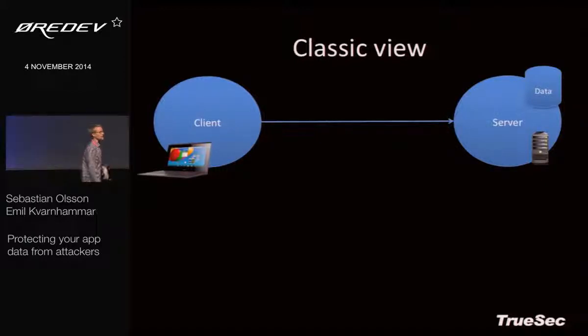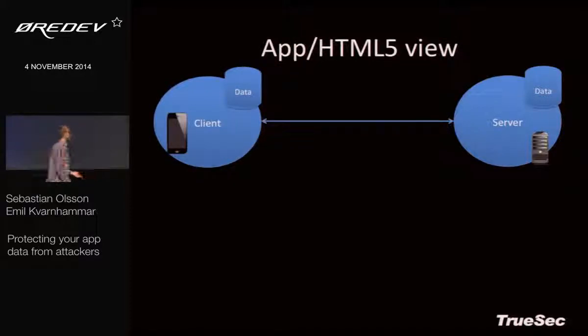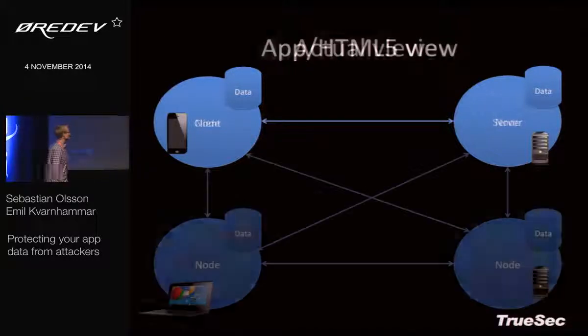The actual data is being stored on the server side. But as you all know, that's not really the case. It's more like we have some kind of application. The application also stores some kind of data, and that's being stored on the client, of course. But still, we have the data on the server side. We have data being transmitted to and from the server. So already there are quite a few things to consider.